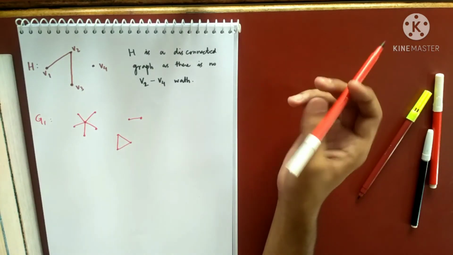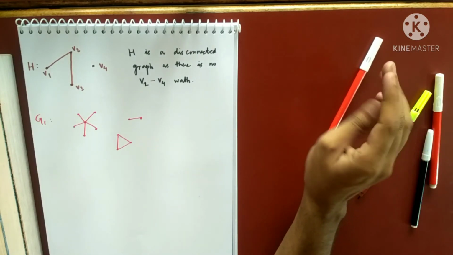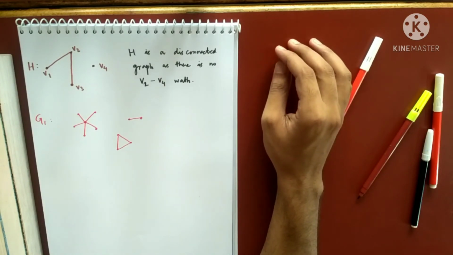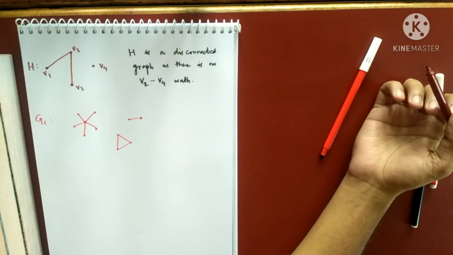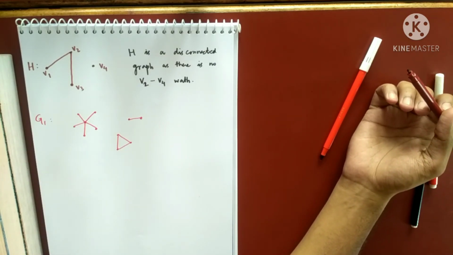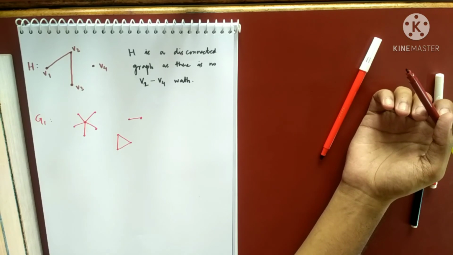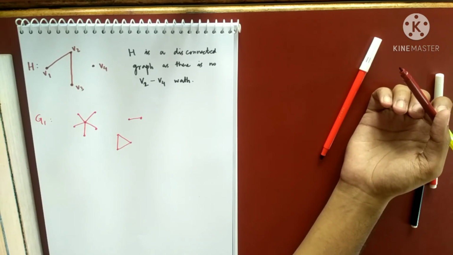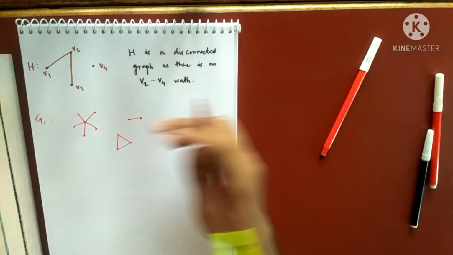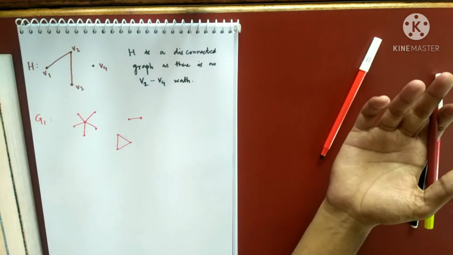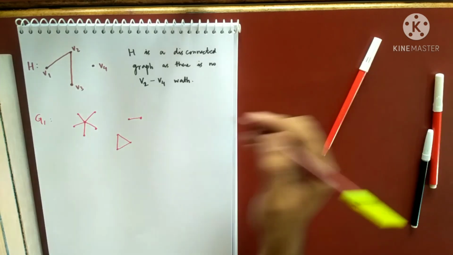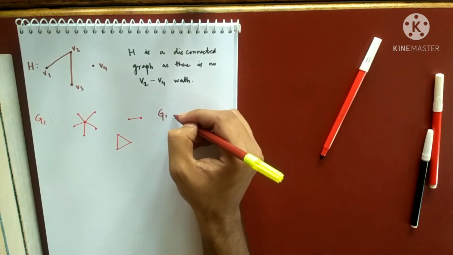So I have considered a new graph. Is G1 connected or disconnected? Definitely disconnected. Can you find a path or walk from this vertex to this vertex? There is no connection at all, right? So G1 is disconnected.